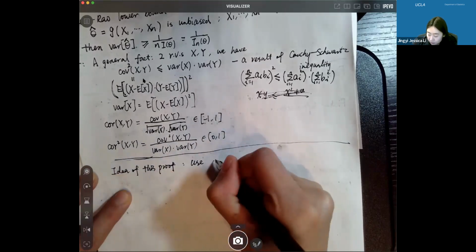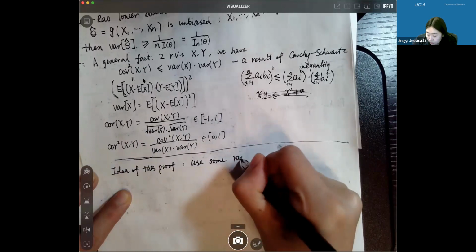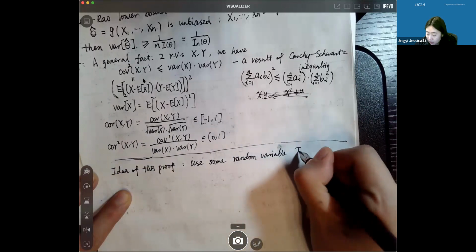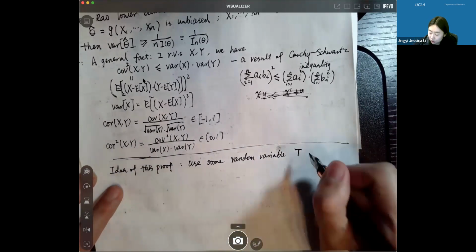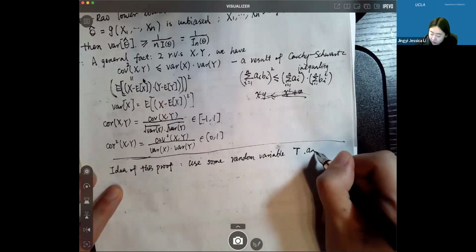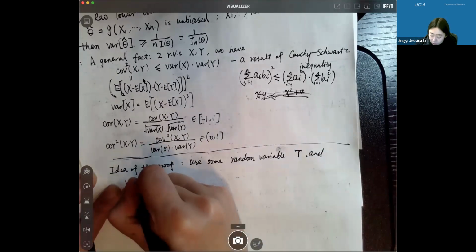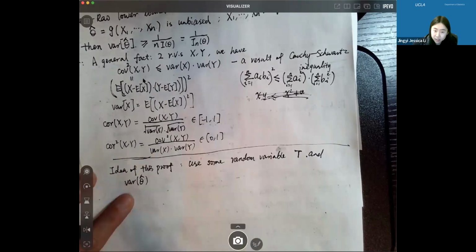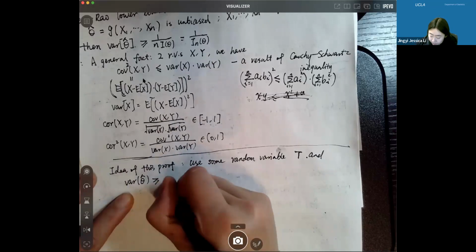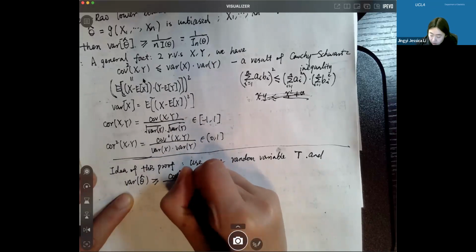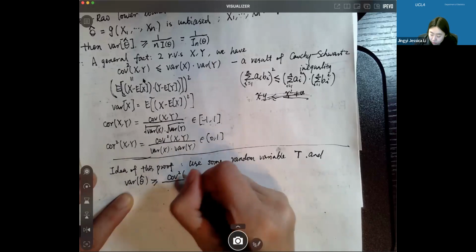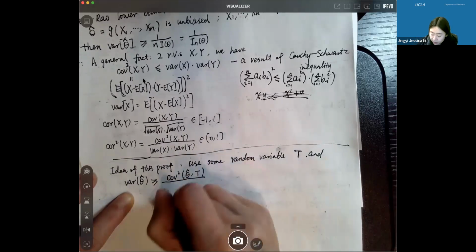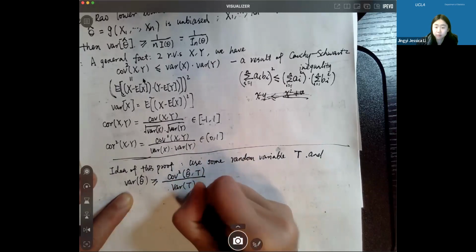use some random variable t, okay? I'll call it t, and show that, based on this fact, the variance of our estimator, theta hat, is greater or equal than the squared covariance between theta hat and this random variable t, divided by the variance of this random variable t.